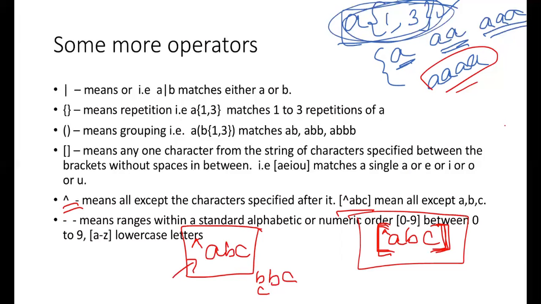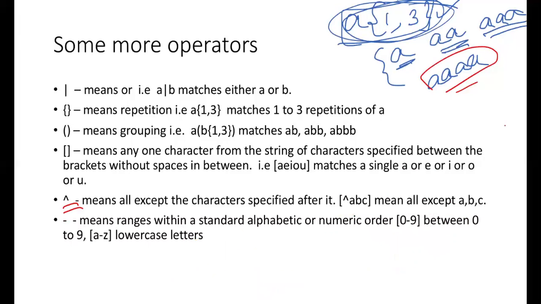Another symbol is the minus, the dash. This is used with the square bracket. I can write something like this: square bracket with a dash between.